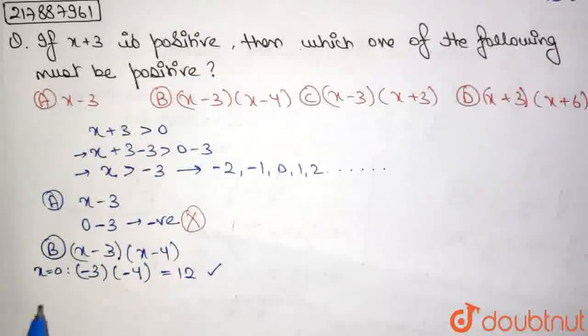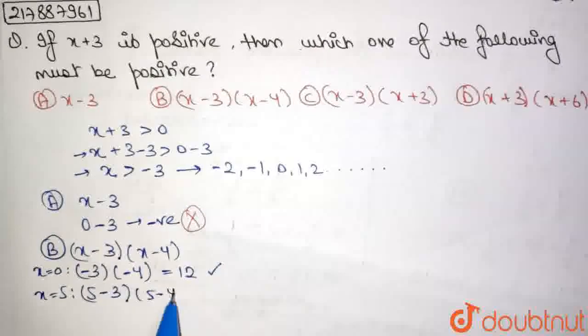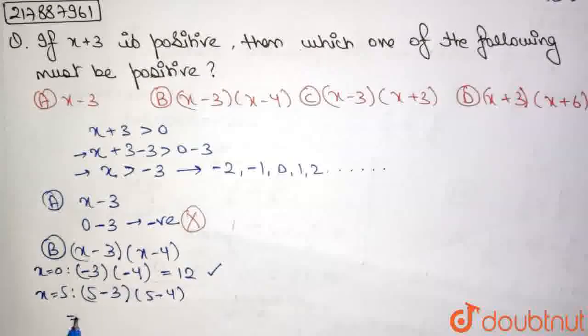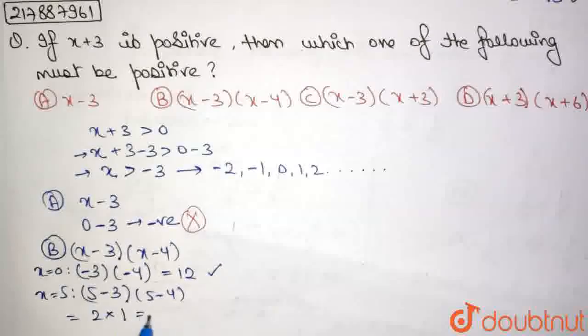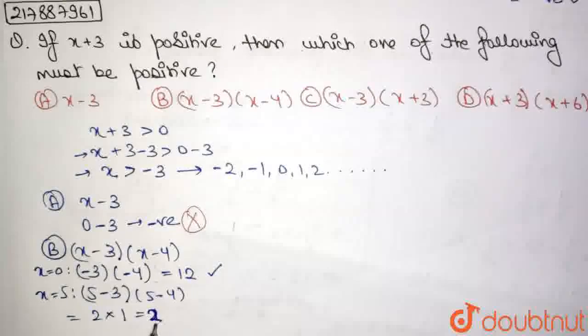So if I take 5, it will become 5 minus 3 into 5 minus 4. 5 minus 3 is 2 and 5 minus 4 is 1. So 2 into 1 is 2. That means we are going to say that, okay, this is also positive.